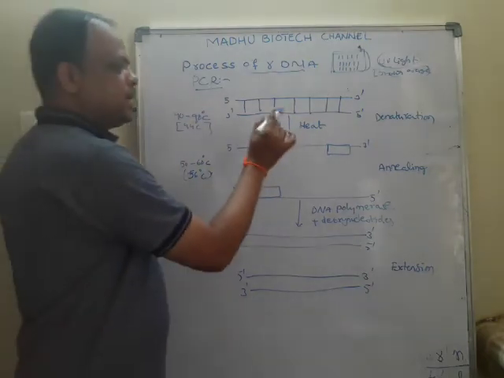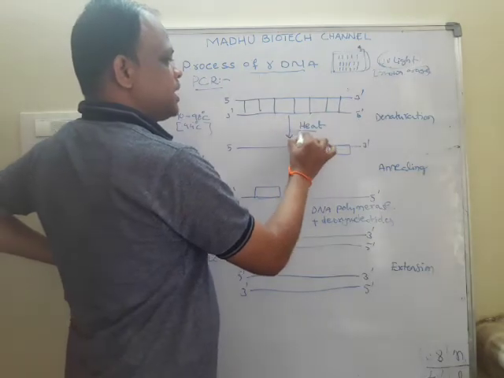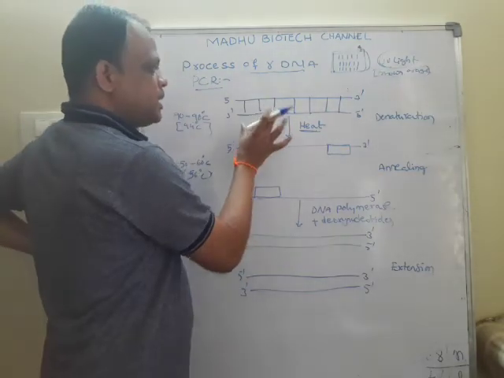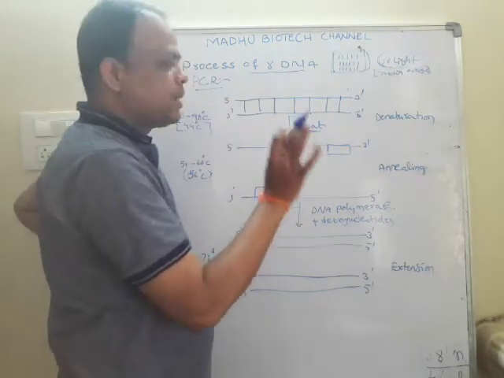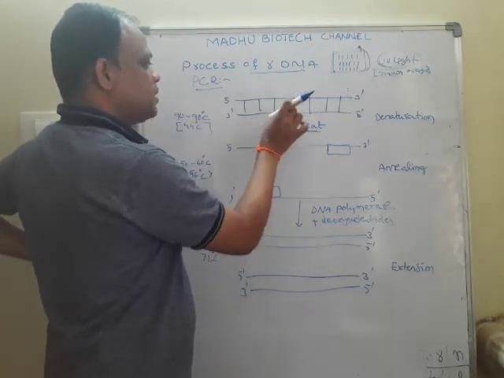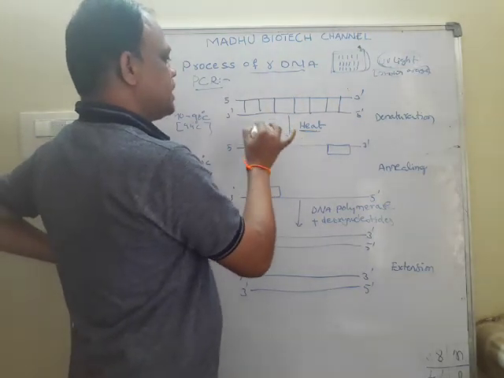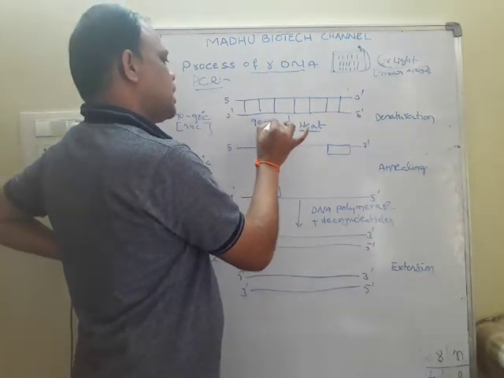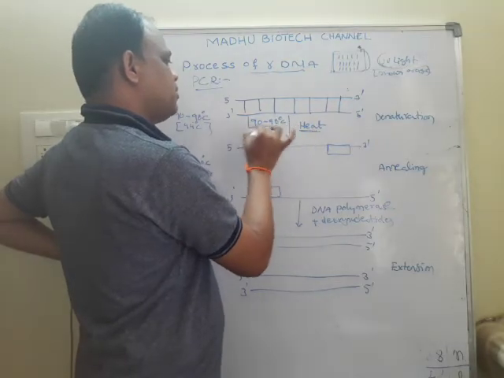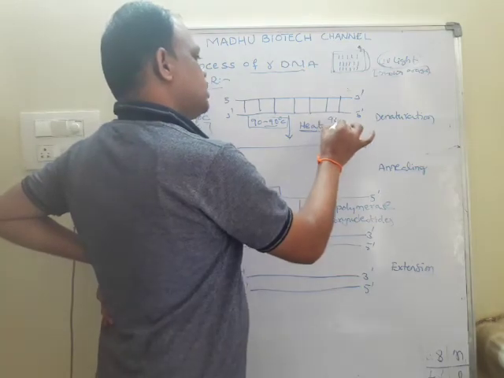The DNA is treated with the first step, heat treatment. We maintain the temperature at 90 to 98 degrees centigrade. The common temperature is 94 degrees centigrade.